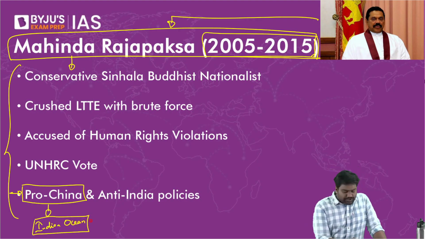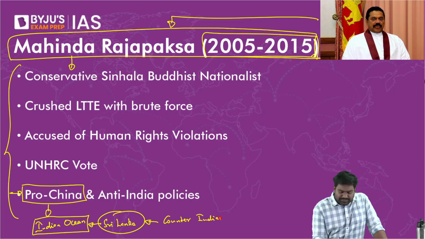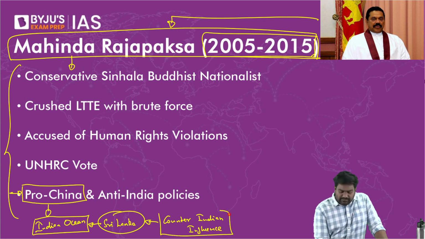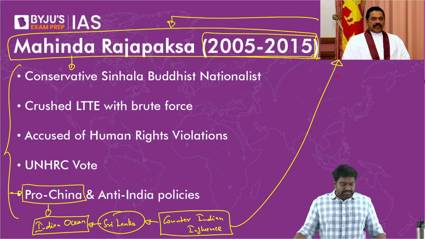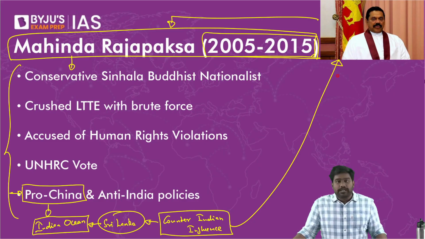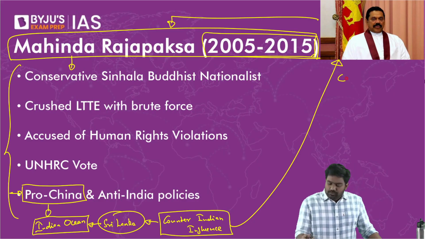So obviously for China, Sri Lanka was a focus country in order to counter the dominating Indian influence. So Sri Lanka started cultivating very close ties with China. China would start investing heavily in Sri Lanka.